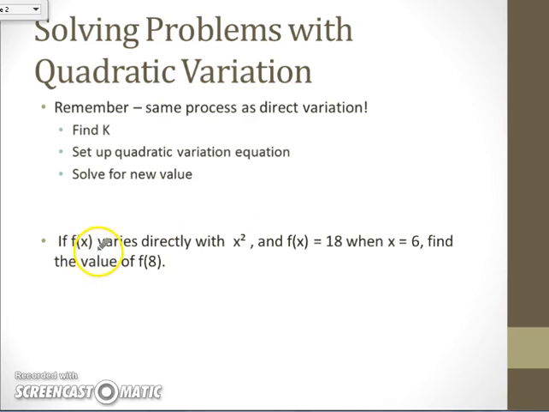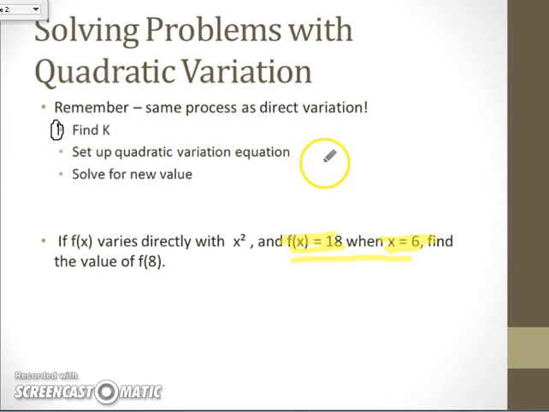They're telling us in this example that there is a quadratic variation between f of x and x, so f of x being 18 and x being 6. In order to work with it, we want to figure out what the constant value is between those. So our first step is to find k.